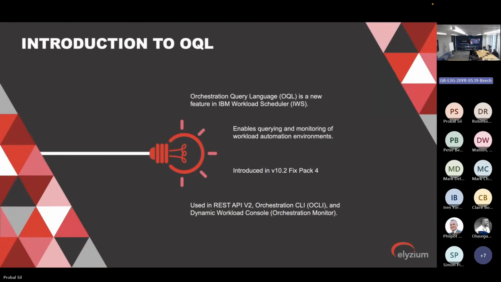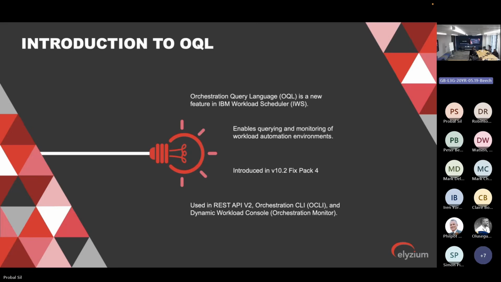OQL was introduced as part of 10.2 FixPack 4. It's been enhanced in FixPack 5, so there are even more things you can do within it. And you can use it not just within the orchestration monitor itself, but also within the REST API as well. You've got REST API version 2, and you can use OQL within that.